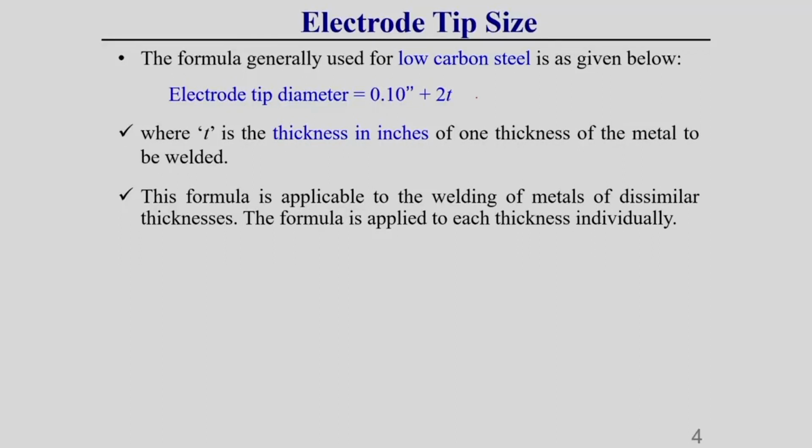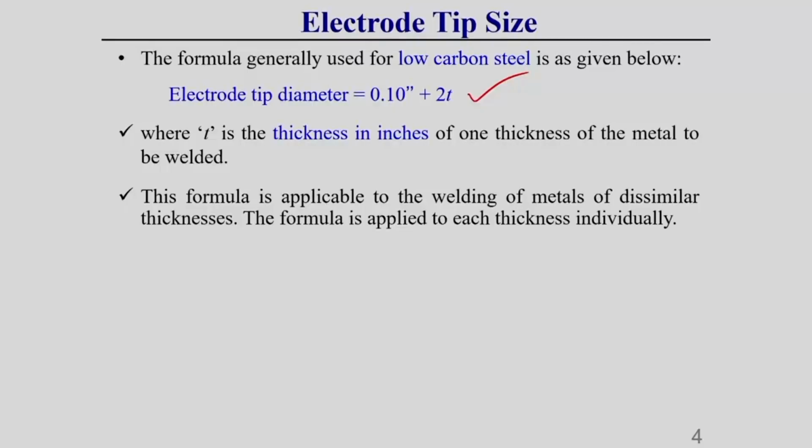As I am showing in the next slide, you can determine the electrode tip diameter by using the thickness of the plate. Generally, the higher the thickness of the plate, the higher the electrode tip diameter should be. Here I am showing a relationship applicable for low carbon steel.